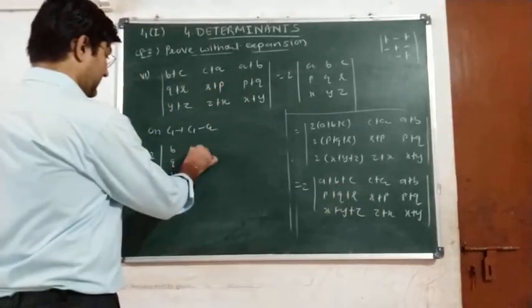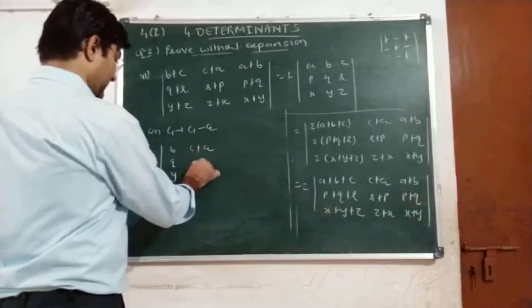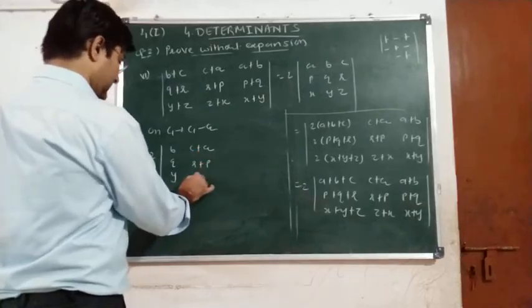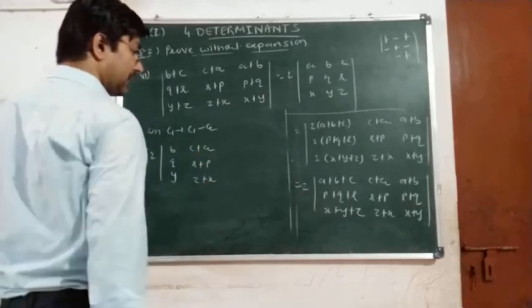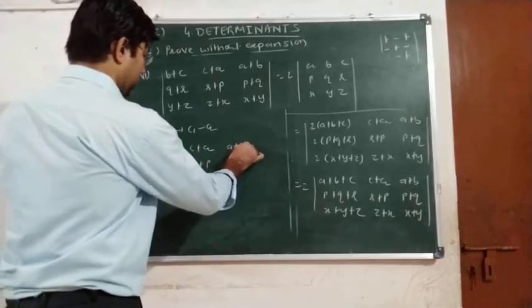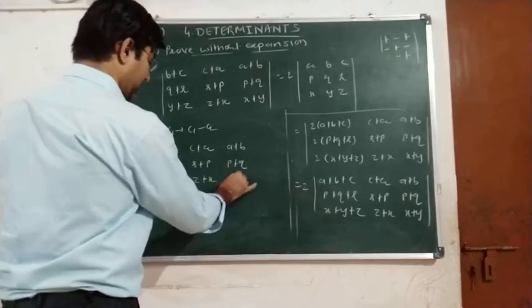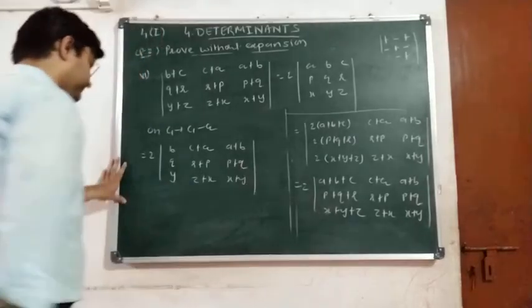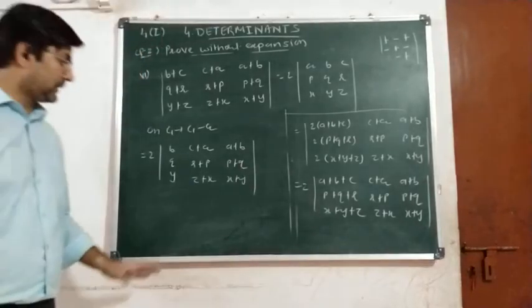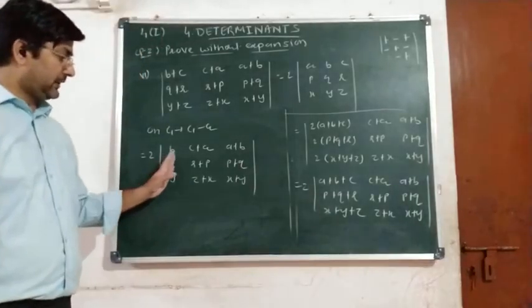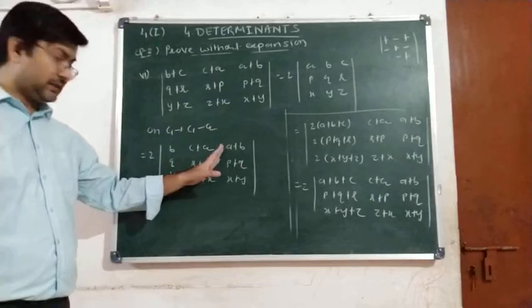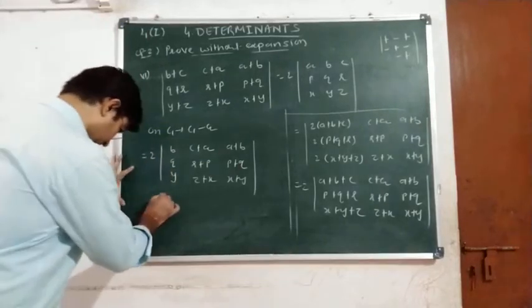And here C plus A, R plus P, Z plus X, then A plus B, P plus Q and X plus Y. Okay, now subtracting on C3 minus C1 we will do.